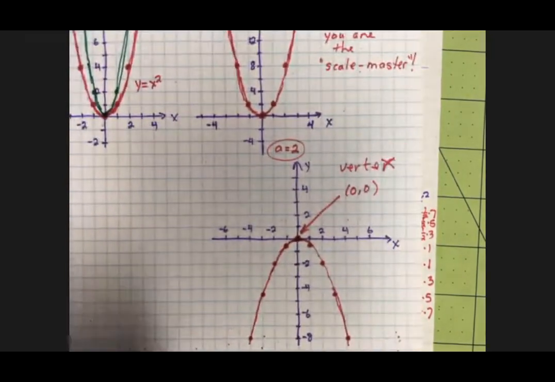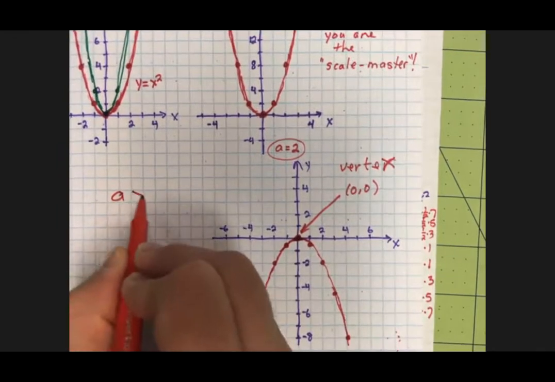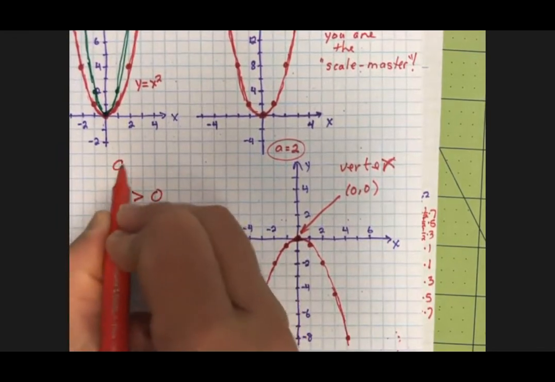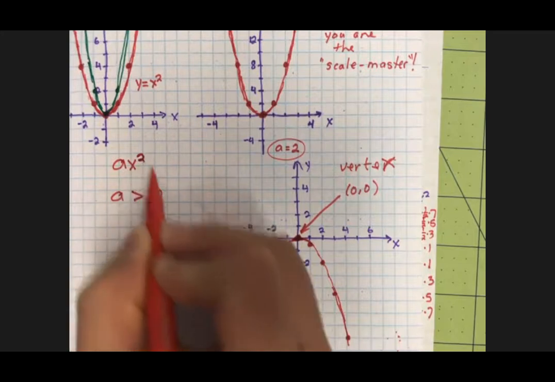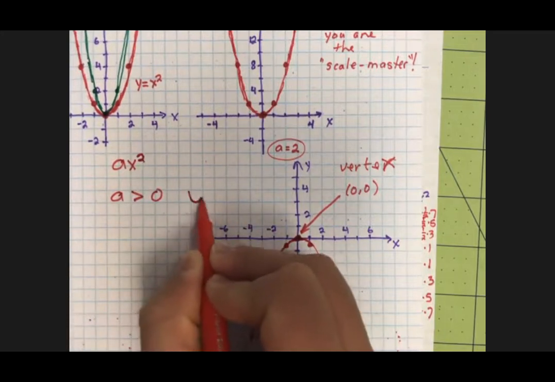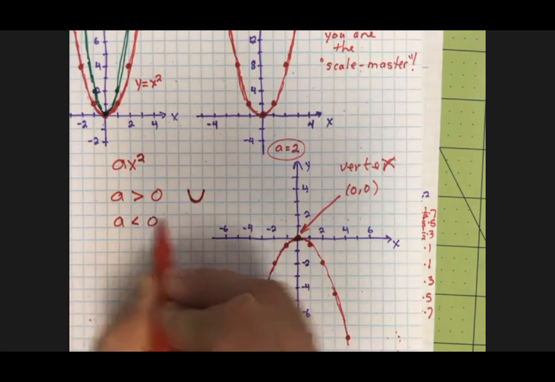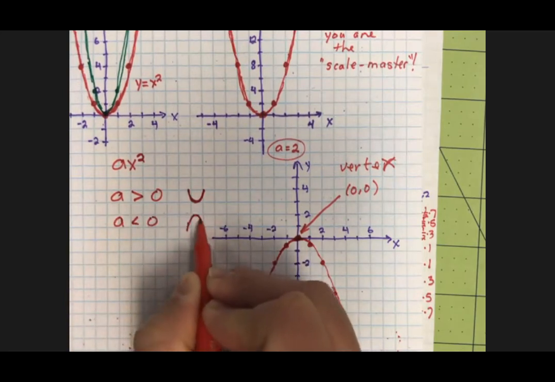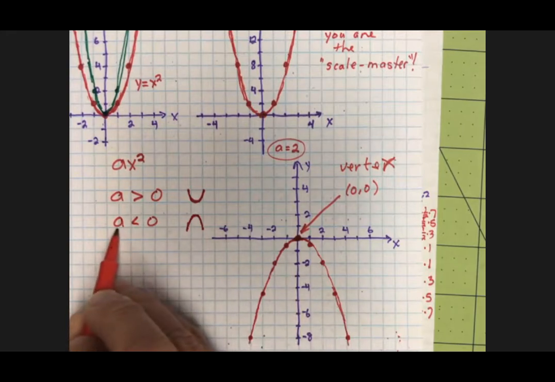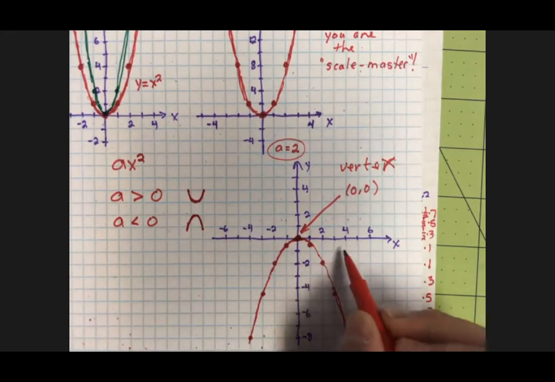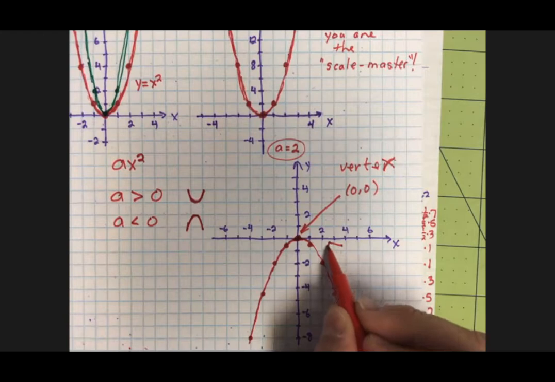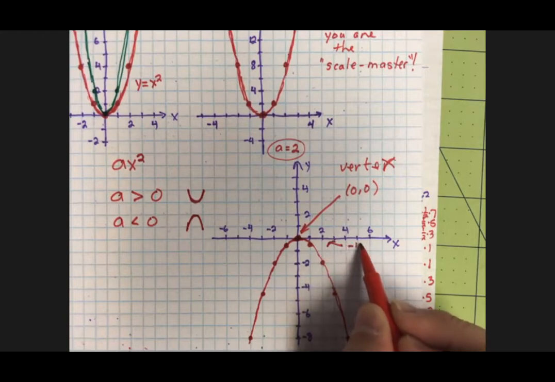But the key fact we learned here is if a is a greater than 0 number in our ax squared, then this parabola must open up. And if a is less than 0, this parabola must open down. And the a even counts the steps. I went down 1/2.